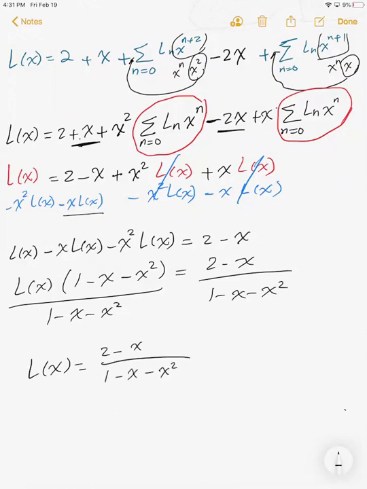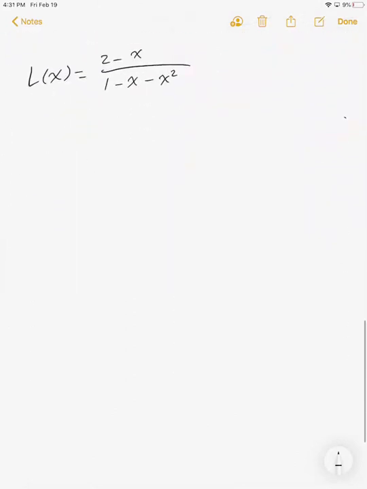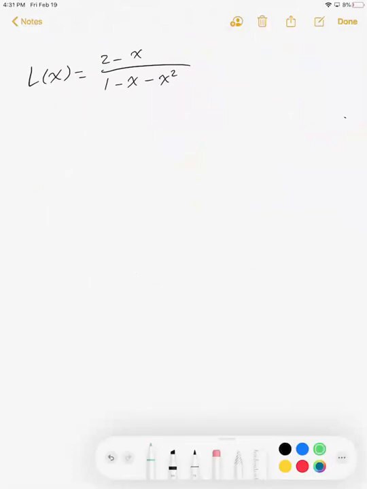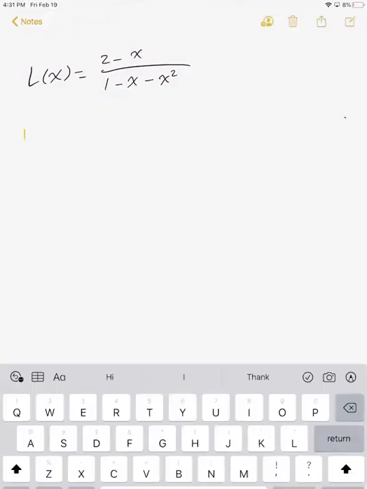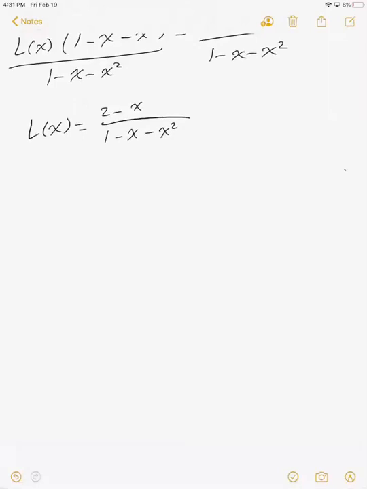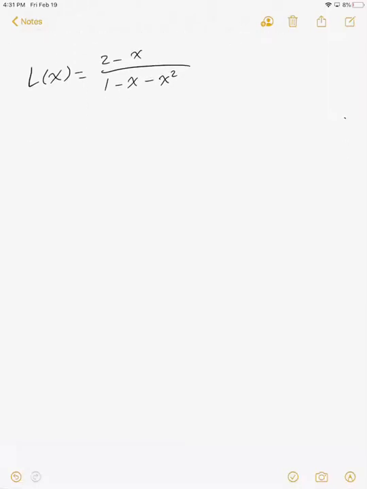So I use the power series, I use the recursion formula, I came up with this function. And what is interesting about this function, I can use partial fractions and write this as two fractions that are going to be written as converging geometric series.